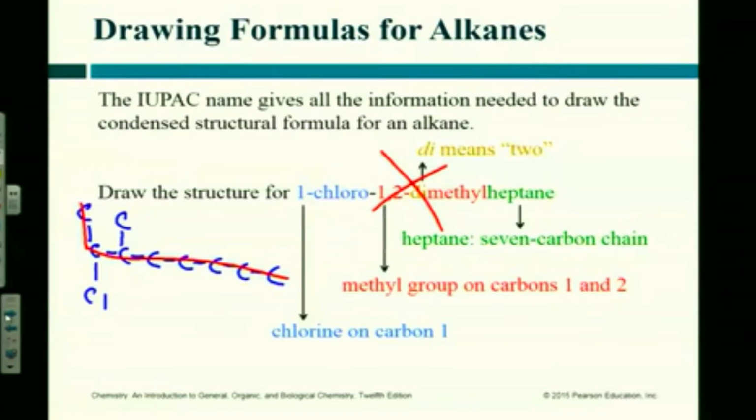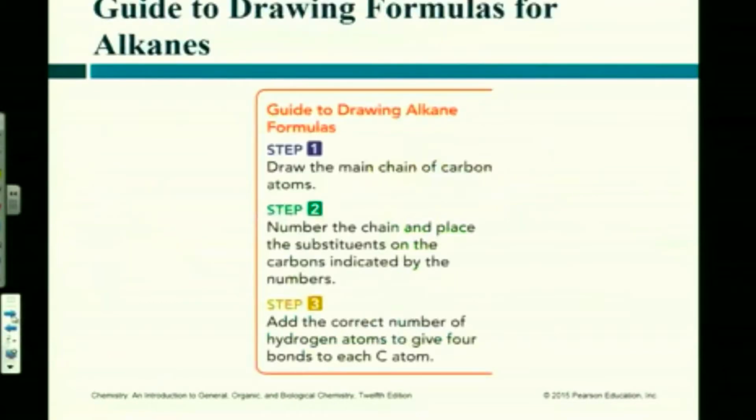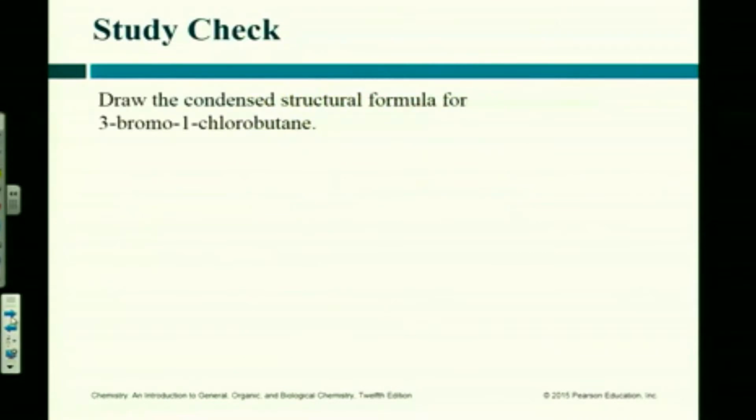Dimethyl would mean 2 methyl groups, right? 1 chloro means you have a chlorine on the 1 carbon, right? But when you draw it out, it doesn't work. So you guys draw this formula real quick, and then we'll draw it together on the board. I think going from the name to the structure is way easier than getting the name from the structure. You don't think so? Because you have the name, it tells you everything about it.